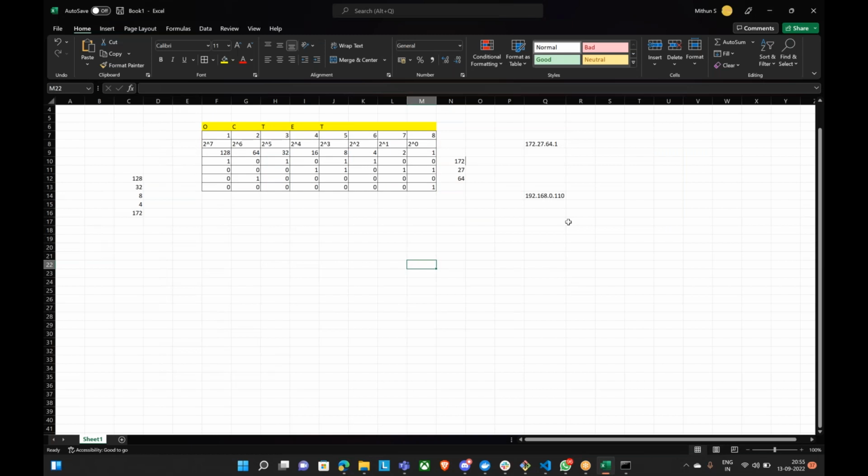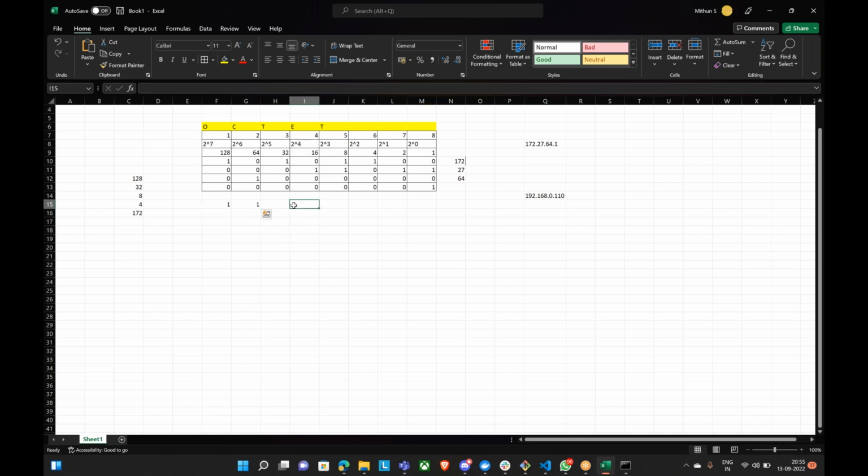Okay, so now coming back to the next calculation. Now, 192. In what places should I put 1 in order for me to get 192? So I'll start from here. So 1. Okay, so what is 128 plus 64? Here also 1. So what is 128 plus 64?